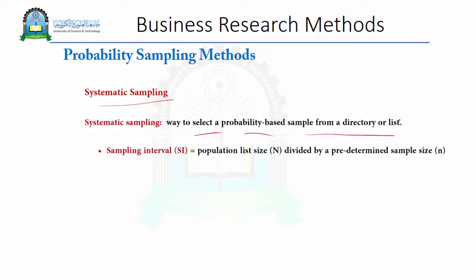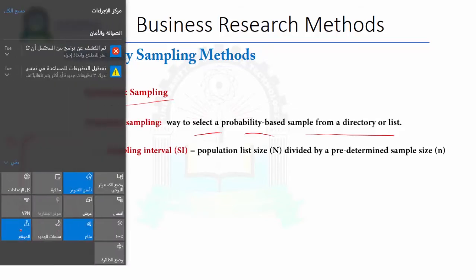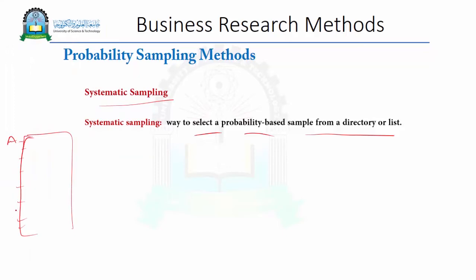So we will have a list at the beginning. This list must be organized according to certain criteria, for example, a list organized from A to Z.